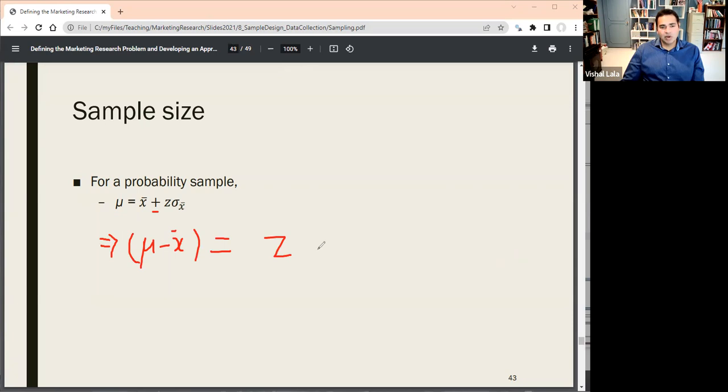We know sigma x bar is, for small samples, sigma divided by the square root of n. We can approximate sigma to be s. That is, we'll approximate the population standard deviation to be the same as the sample standard deviation here. So you end up with an equation that looks like this.